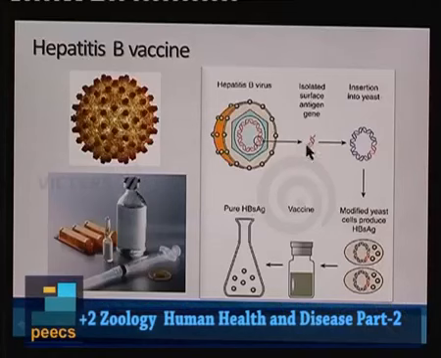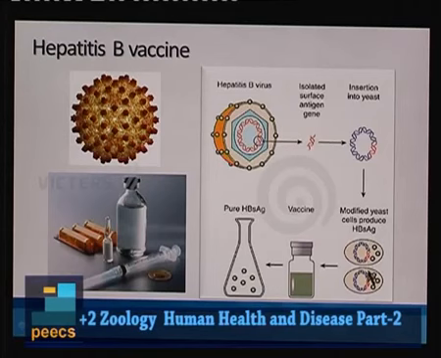Here you can see, first of all, we are isolating the gene coding for the surface antigen, and this gene is inserted into the yeast cell by using a vector. So, the yeast cell will act as the host here. The modified yeast cells are producing the hepatitis B surface antigen.